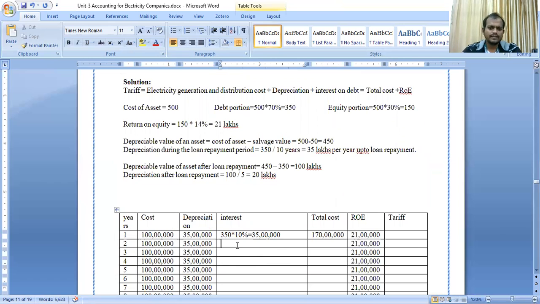So in the second year, we deducted 35 lakhs as a depreciation from the loan amount, so that after deducting the 35 lakhs from 350, we'll get 315 lakhs. For this 315, we have to calculate interest at the rate of 10%. It comes around 31 lakhs 50,000. So finally, 166 lakhs 50,000.